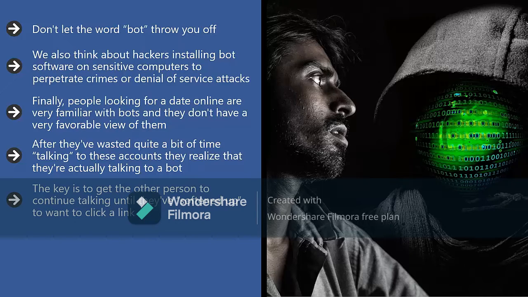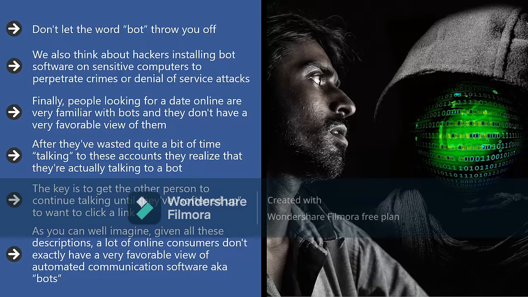The key is to get the other person to continue talking until they've softened up to want to click a link. That link can go to an online strip show or a paid dating service. In other words, dating bots are just fancy schemes for spamming people. As you can well imagine, given all these descriptions, a lot of online consumers don't exactly have a very favorable view of automated communication software, aka bots.